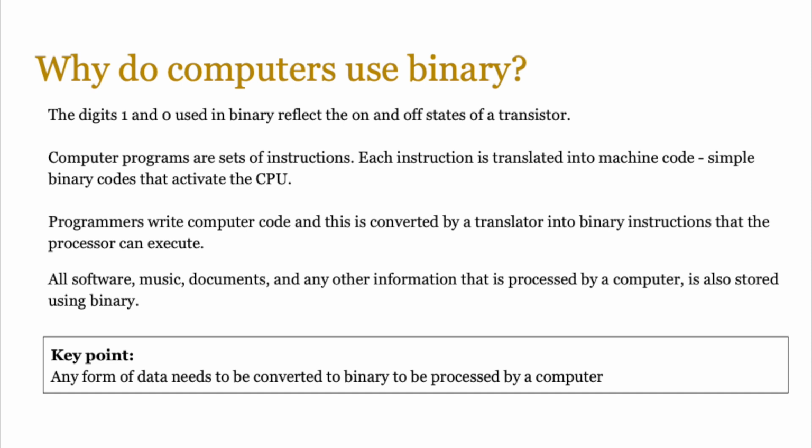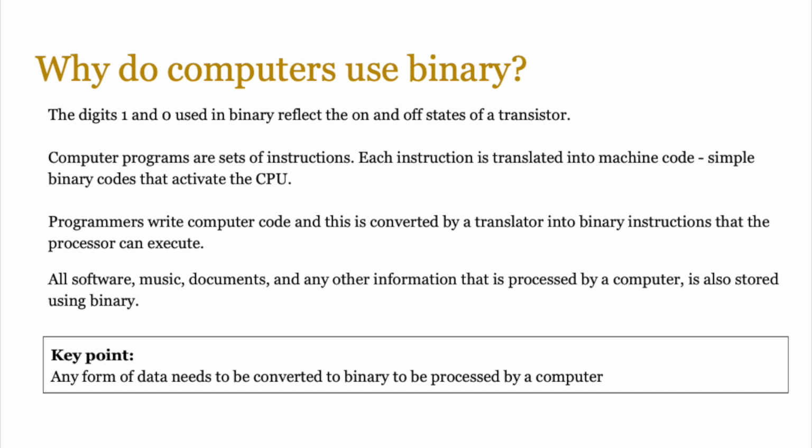So all software, music, documents, or any other information that is processed by a computer has to be stored or converted into binary. So the second key point here is any form of data, anything you want the computer to process, needs to be first converted to binary for the computer to actually do anything with it.